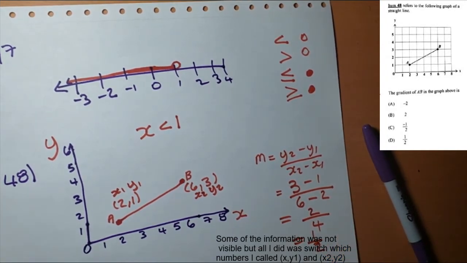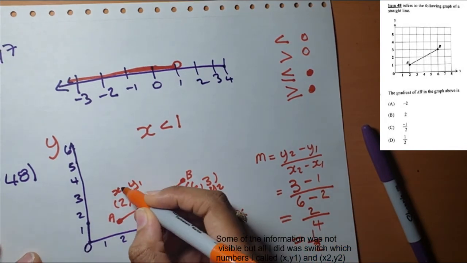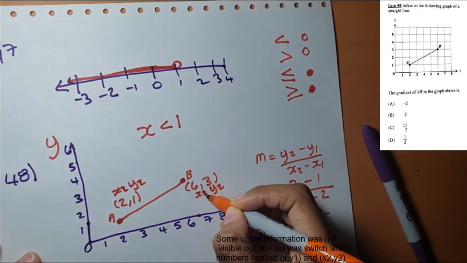Just to show you that it doesn't matter which one you call x1 and y1, just be consistent. If you're doing ones for this, keep it as 1. If you're doing 2s for this, keep it as 2. So I'm going to switch around which one I call x2 and show you that it doesn't make a difference.